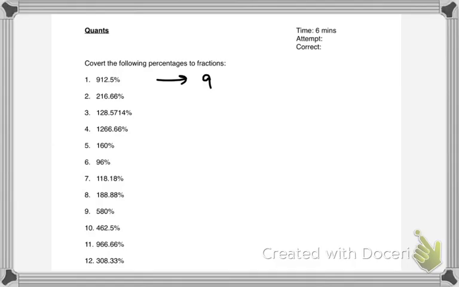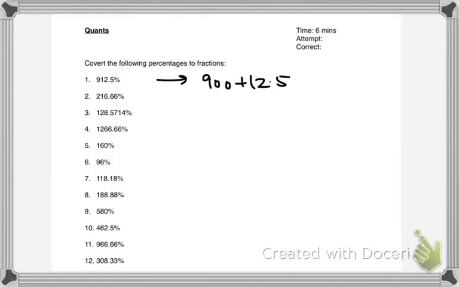Taking the first question, that is conversion of percentage to fraction: convert 912.5% into an equivalent fraction. This can be done easily using a technique: you break 912.5 into 900 plus 12.5.